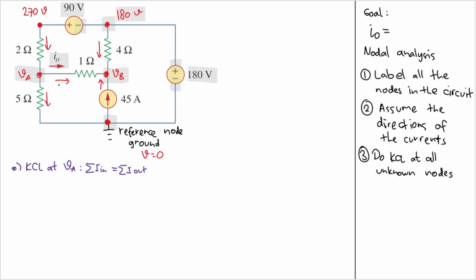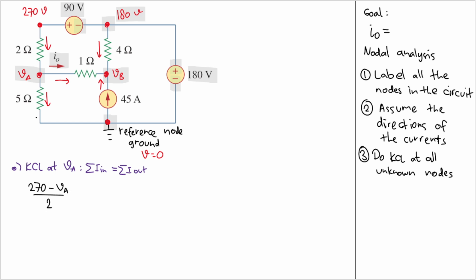Okay, let's see here. The only current that goes into VA is this one, and the current comes from this node here, which is 270. And the current goes to VA, so I'll have 270 minus VA. That is voltage. We need current, so we need to divide it by the resistance between them, which is 2 ohm here.